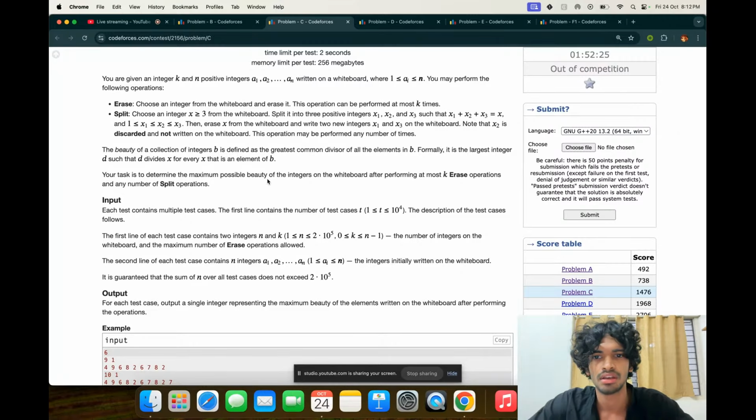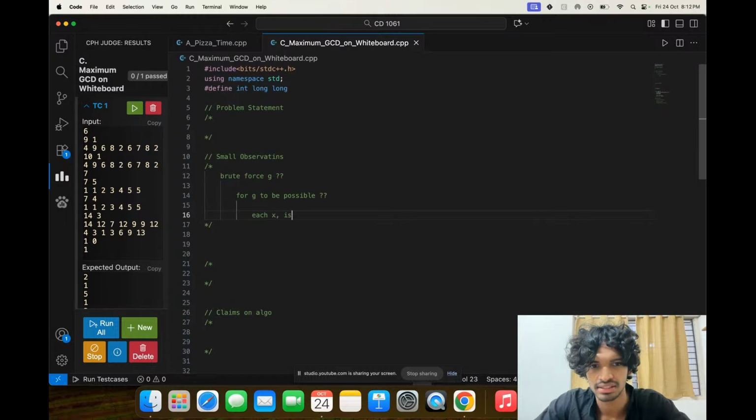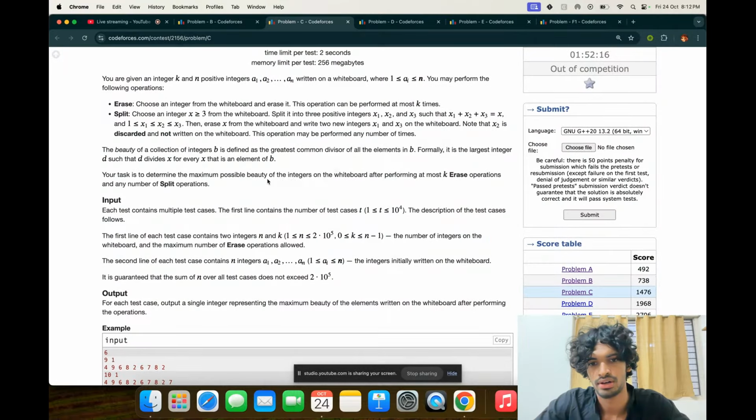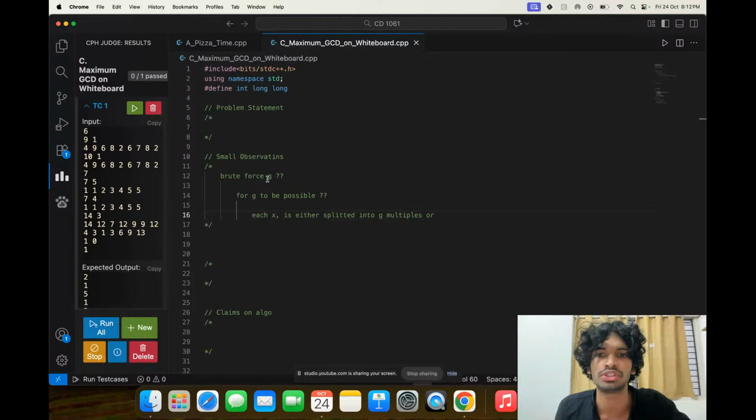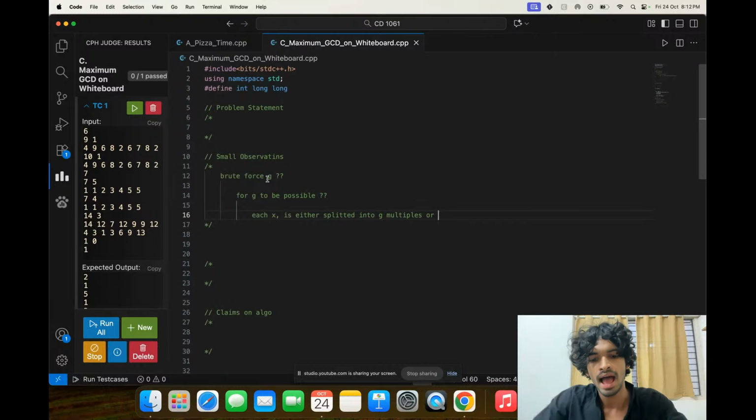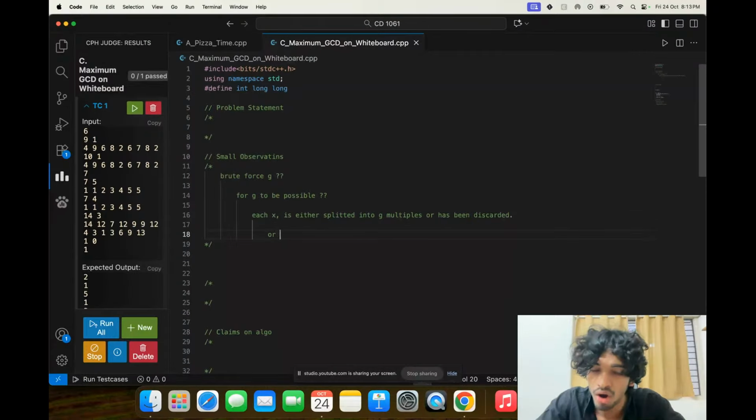Each x is either split into g multiples, or finally it has been split into g multiples and discarded, or some portion of it has been discarded after splitting into g multiples.